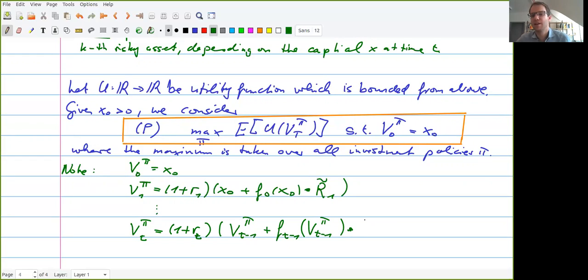And then what I have at time t depends on the discounted returns in this trading period.